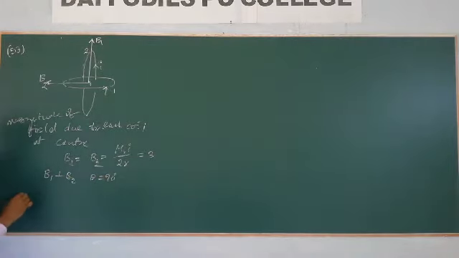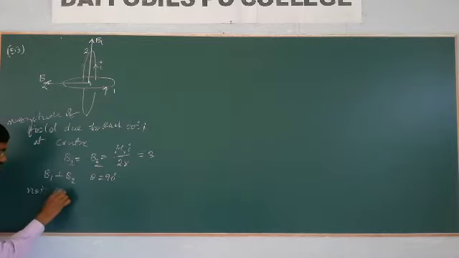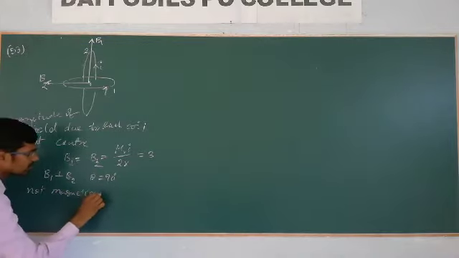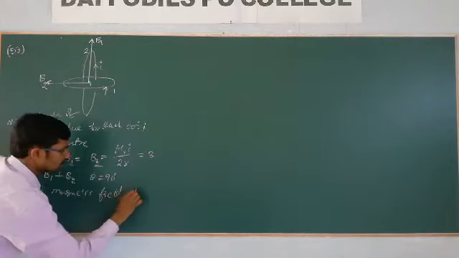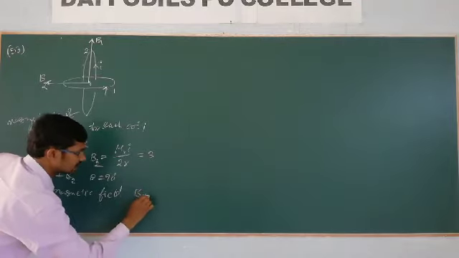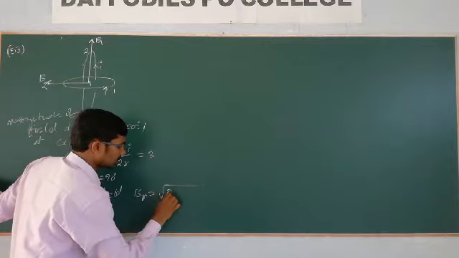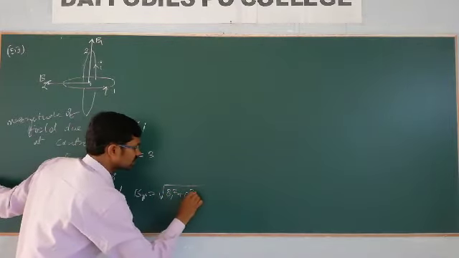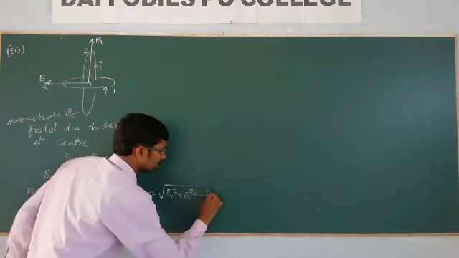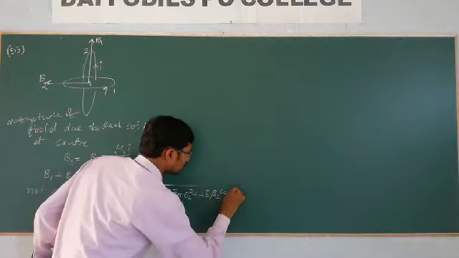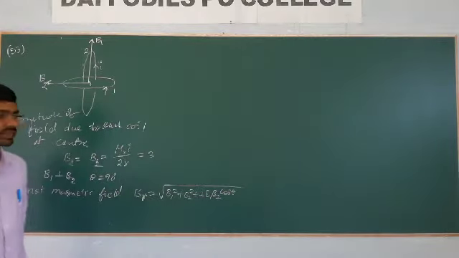Then theta is 90 degrees. The net magnetic field, the resultant BR, is equal to root over B1 square plus B2 square plus 2 B1 B2 cos theta, by using vectors.